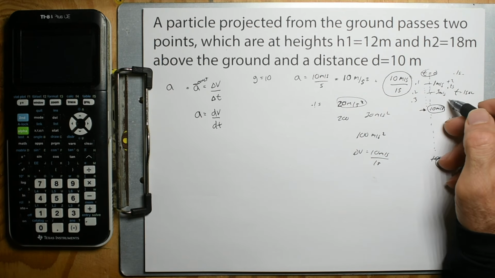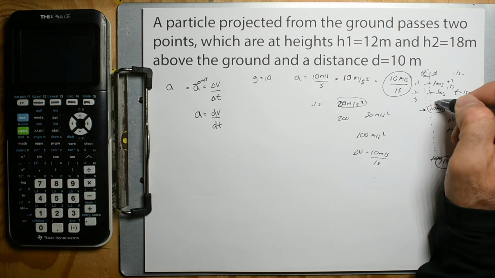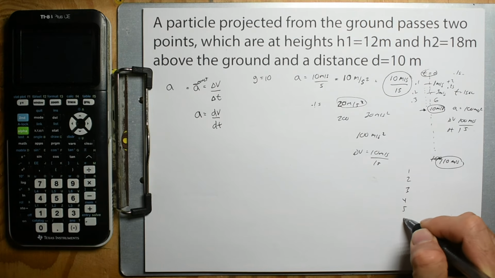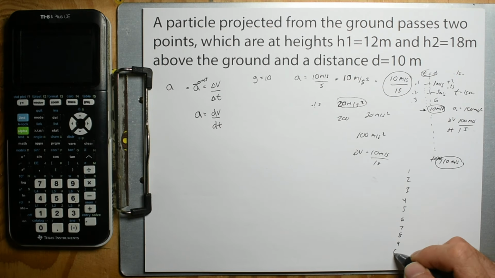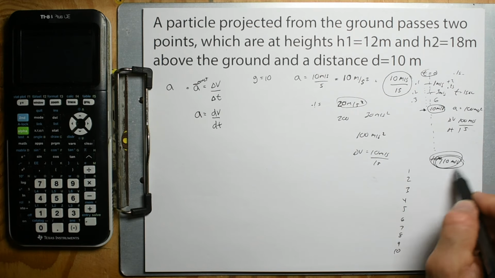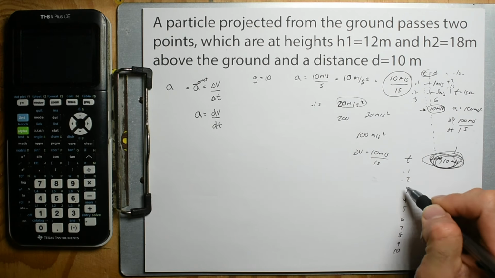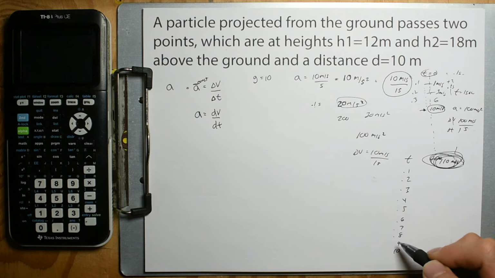At time 0.3, I'm going to add another 3. So I'm going to be at 6. And let's run this. 1, 2, 3, 4, 5, 6, 7, 8, 9, 10. Because this was my initial guess after 1 full second. So this is time in tenths of a second, and this is 1 second.